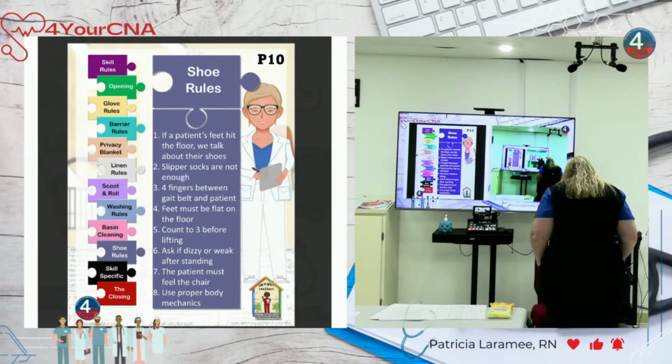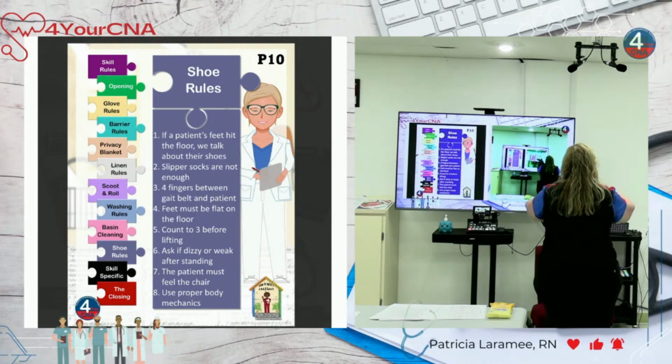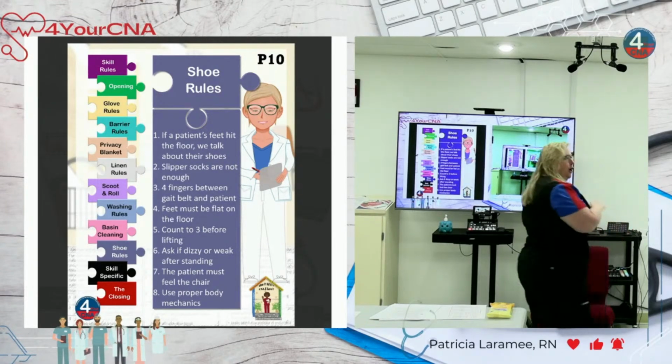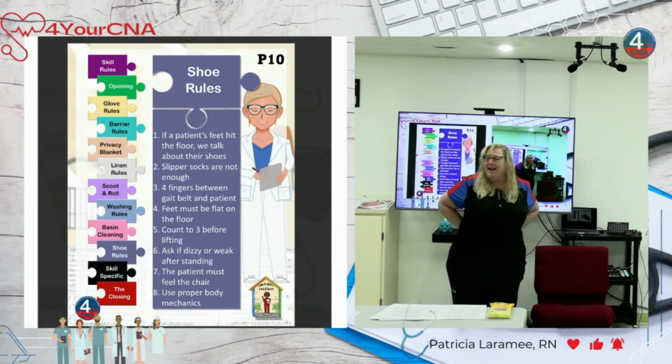So if I'm getting the back of the gait belt and I'm lifting this patient toward me, their entire body weight is coming my way and my body is going to go back with equal force, which means my lower back has to absorb all of that force. And that's going to lead to back injury later on.